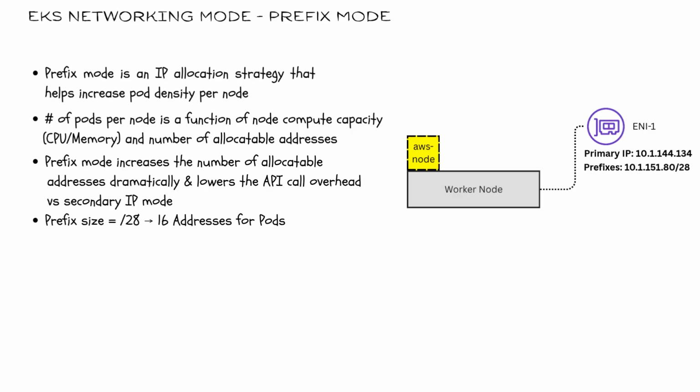In prefix mode, each ENI still has a primary IP address, but instead of assigning individual secondary IPs, AWS assigns a /28 prefix to the ENI. This gives the ENI 16 usable IP addresses per prefix, allowing you to run more pods per ENI compared to secondary IP mode.